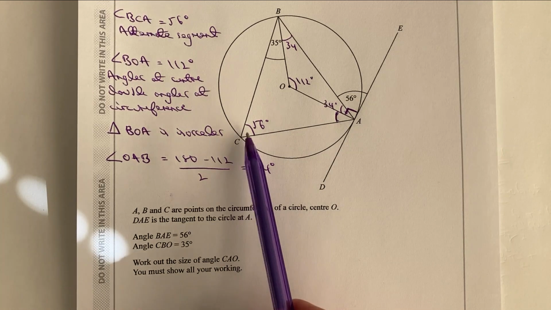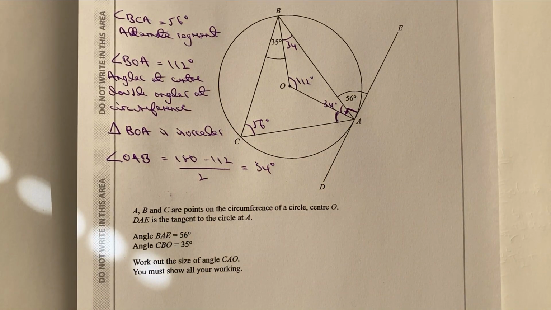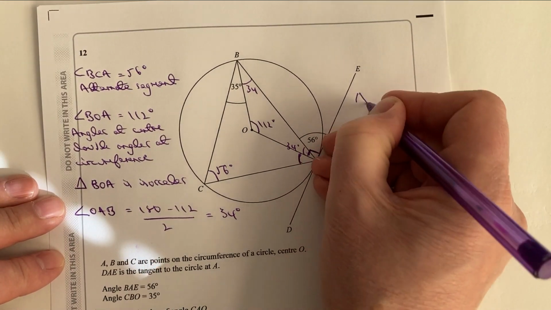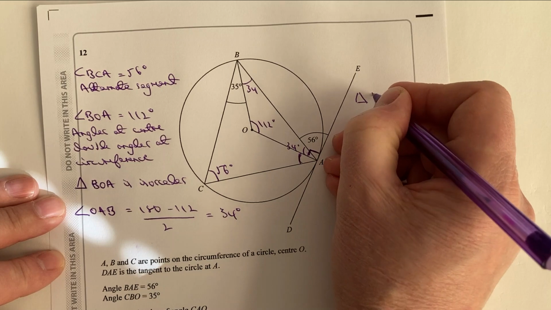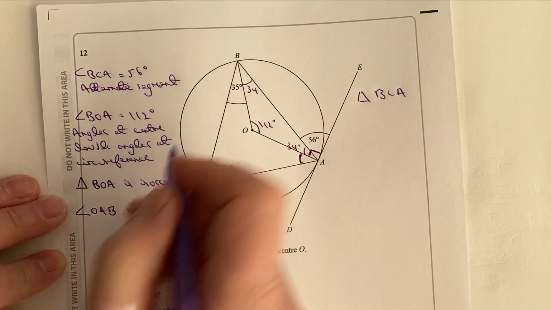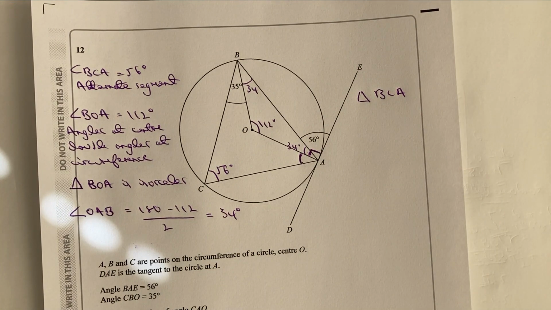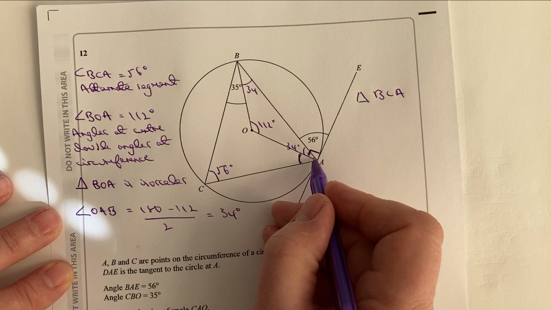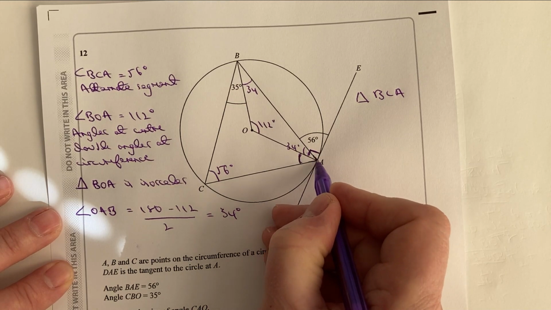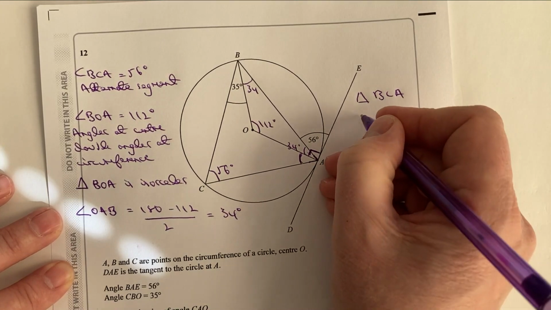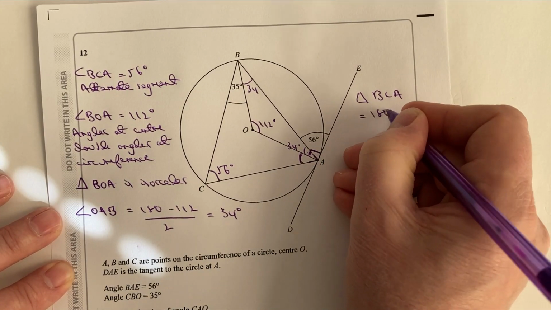Okay, now it's a little bit tricky to see and hopefully you can see it on the actual screen, but our triangle then is going to be triangle BCA. So it's this big triangle here, okay? Now, what I've got then is going to be working out this angle here. So this angle here, that equals 180 degrees, okay?